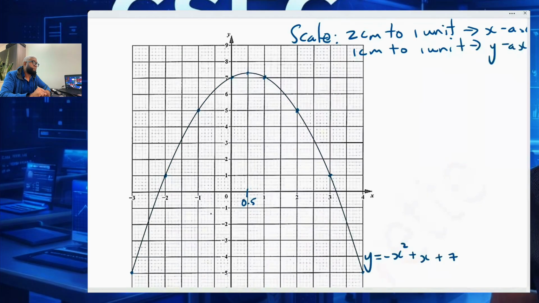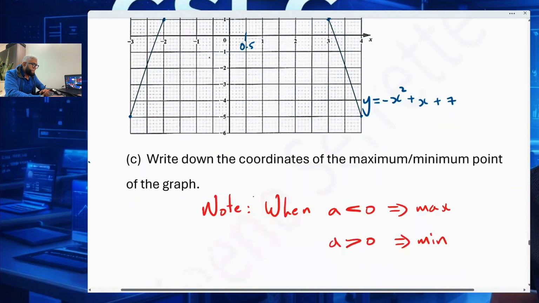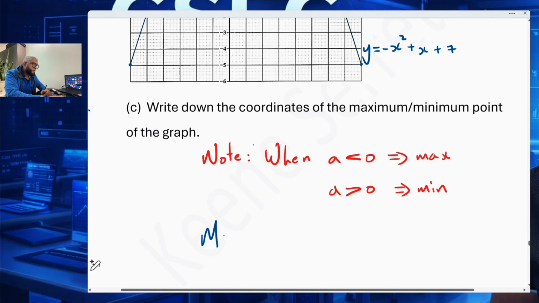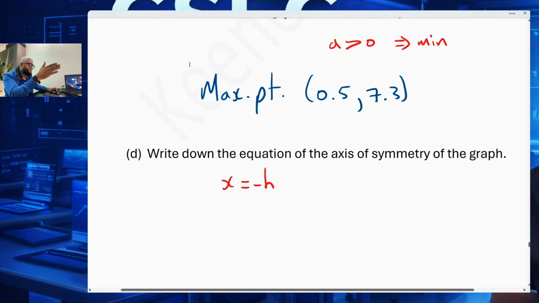But if someone gets 7.4, go with what you have. I go with what I have, right? So my max point would be 0.5 comma 7.3.